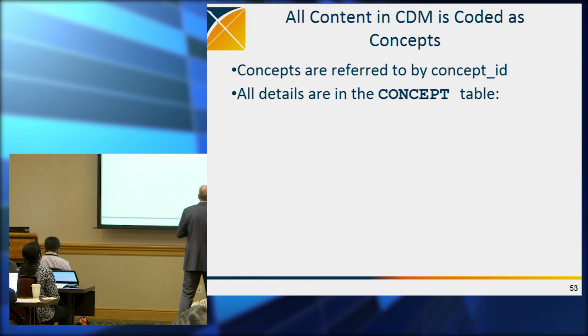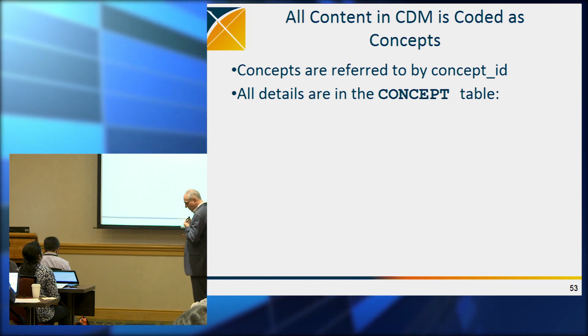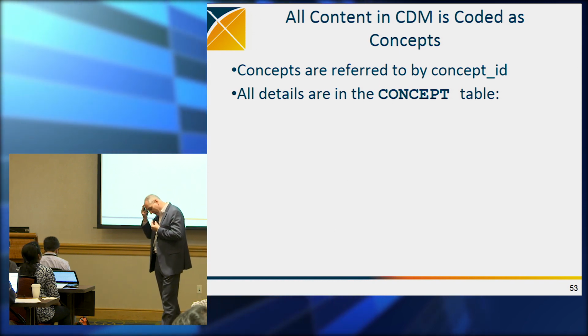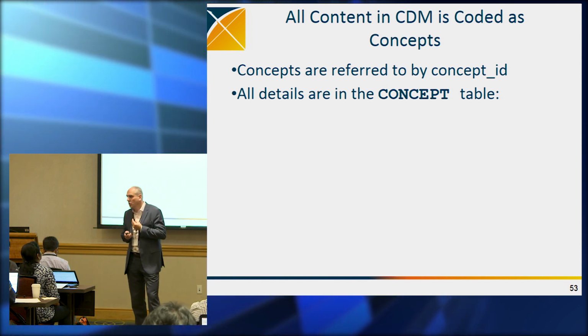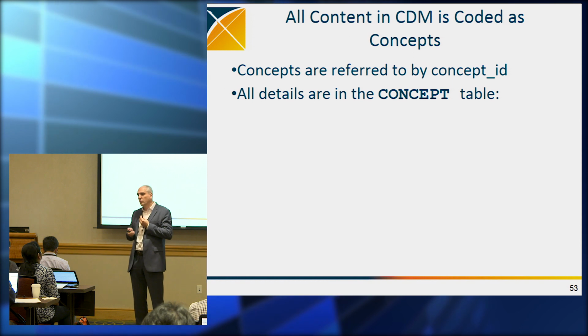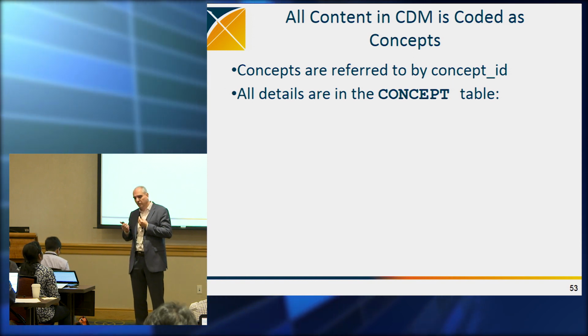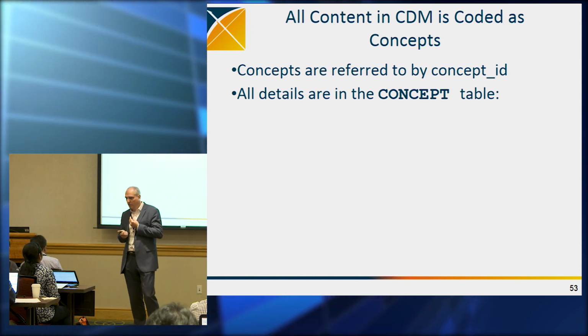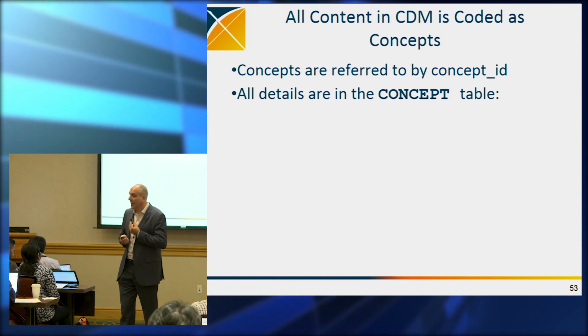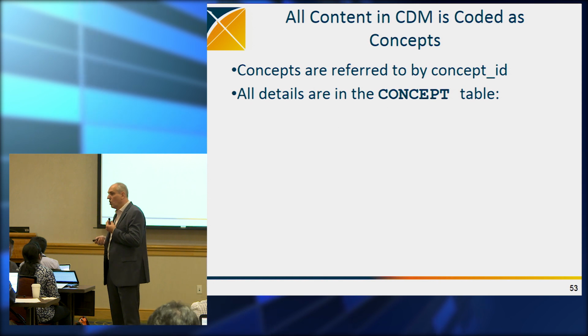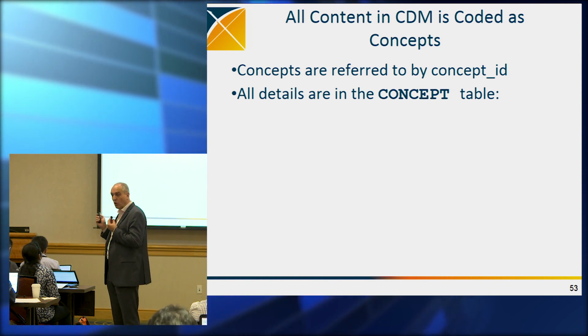So now we get into the actual detail. Everything in the OMOP common data model has a concept. So if you have a drug, or you have a condition, upper gastrointestinal bleeding or atrial fibrillation, there is a concept for that. There is one reference table for all concepts.